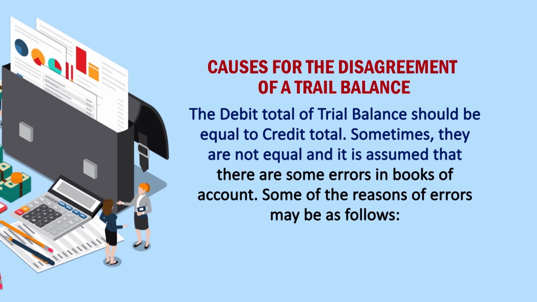Sometimes they are not equal and it is assumed that there are some errors in the books of accounts, and these errors are not disclosed by the trial balance. Because of these errors there may be a possibility that the total of the debit column of a trial balance does not match with the total of the credit column of that trial balance.